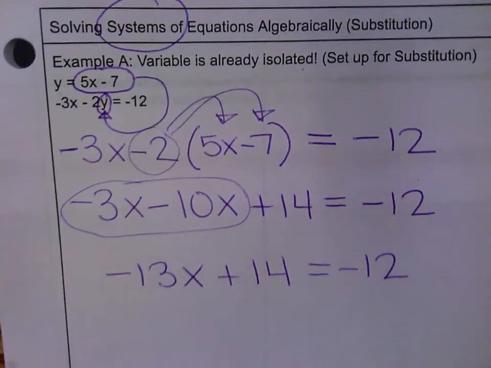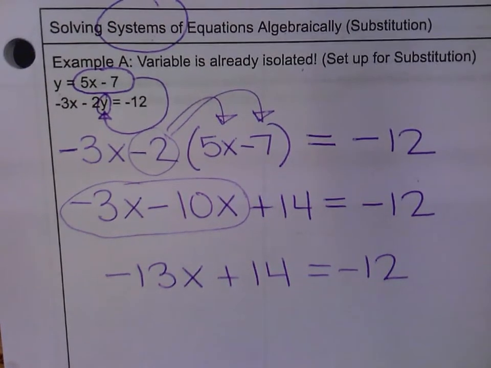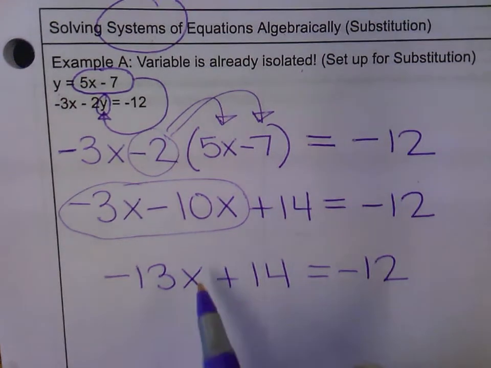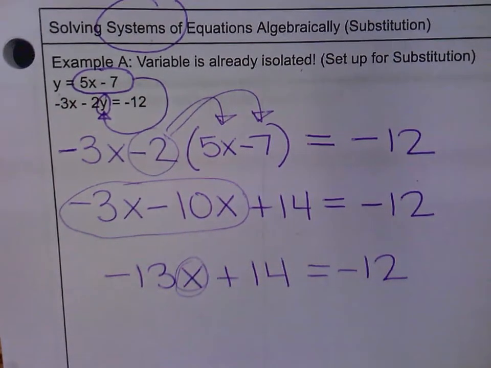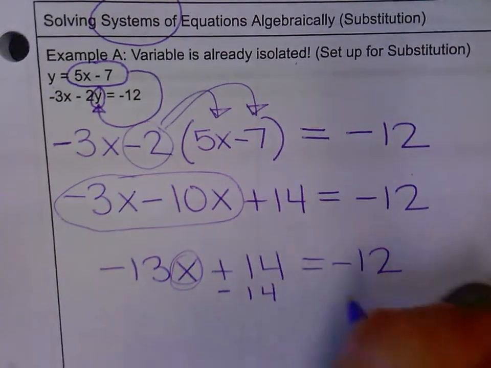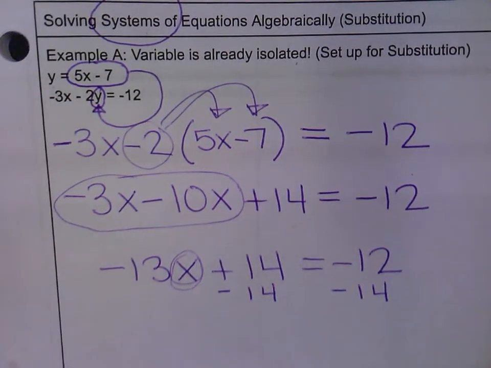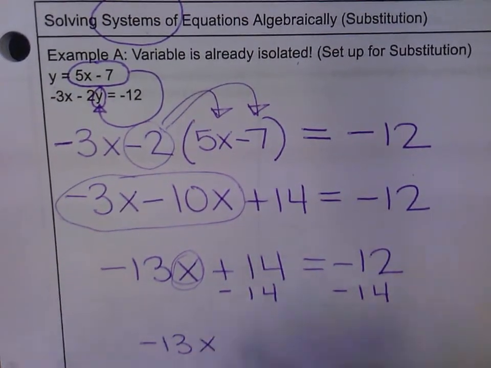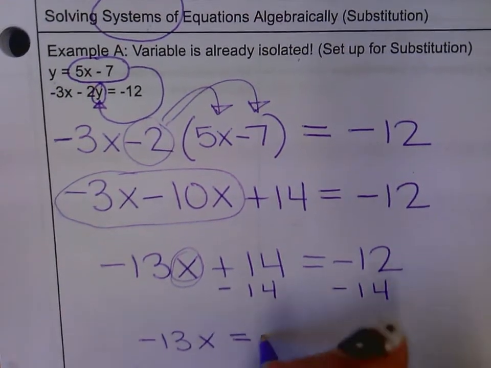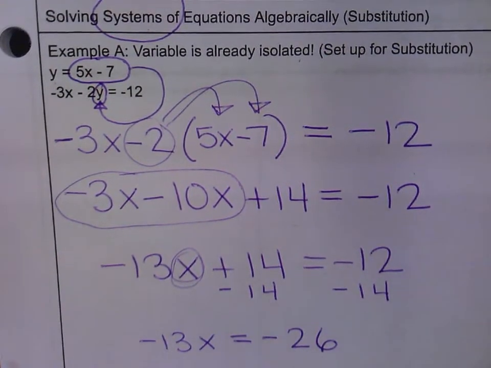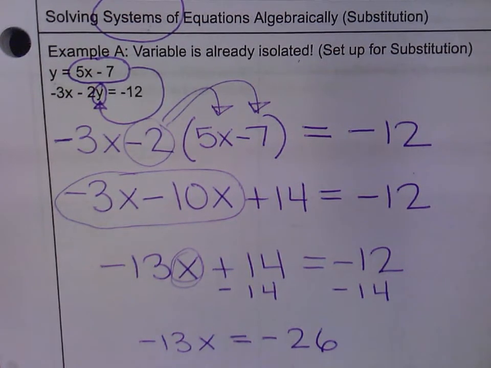All right, next step to solve for x. Not quite. I want to get x by itself. What can I move to the other side of the equation? The 14. Subtract the 14 to the other side of the equation. So negative 13x, and that's equal to, I'm just going to do this in my head, but if you needed to use a calculator, I'm taking negative 12, and I'm subtracting 14 more.